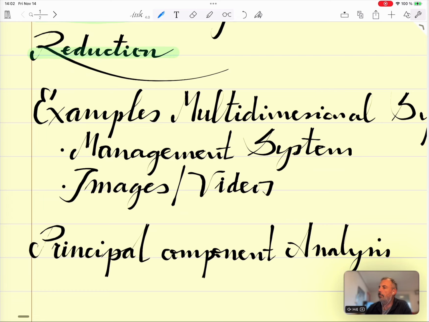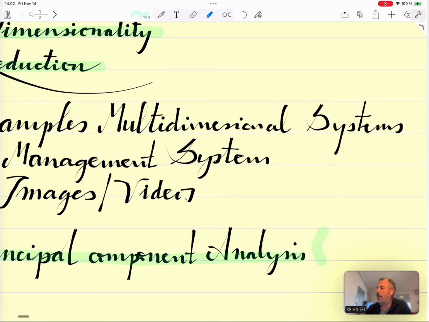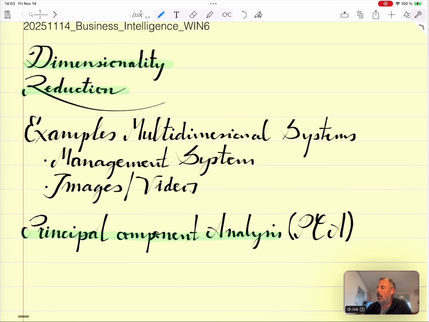In short, it can also be called PCA: P, C, and then A. Okay. All right.